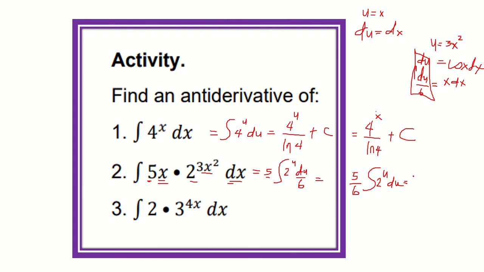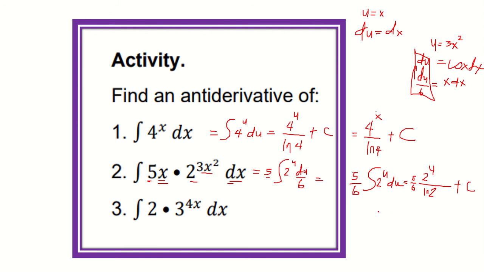This is 5 over 6 times 2 to the power of u over ln of 2, plus c.